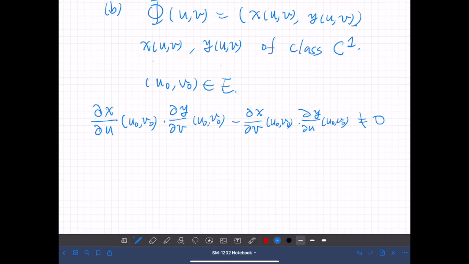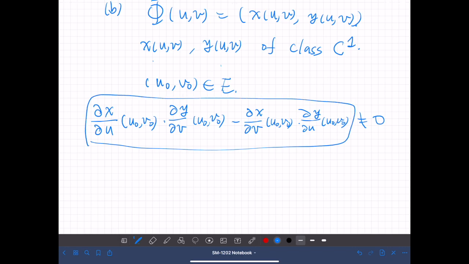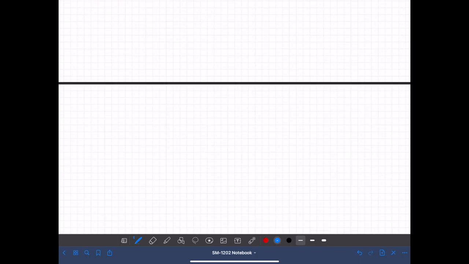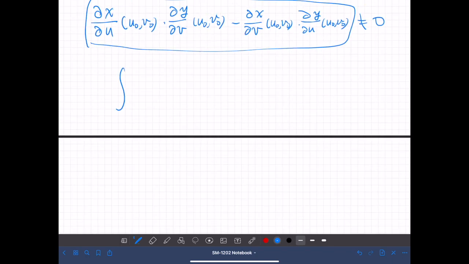So in other words, if you recall, this is the Jacobian, the determinant of the Jacobian matrix. So we impose the condition that the determinant of the Jacobian is non-zero at any point in E. Now we want to find a way to integrate this kind of function.